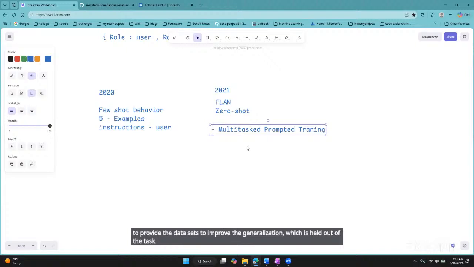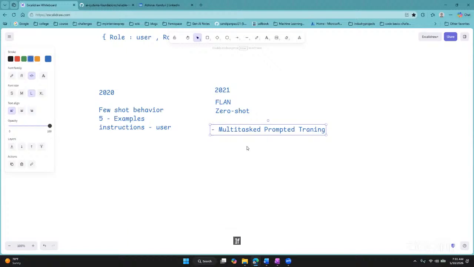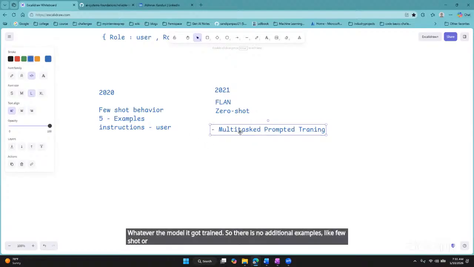That means the prompt itself should take care of providing the response by whatever the model got trained on. So there are no additional examples like few shot or zero shot. It should understand only by the prompt itself. This is what they targeted and it got achieved.